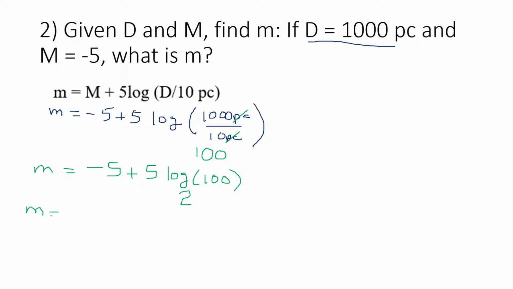So little m is going to be -5 plus 5 times 2, because the log of 100 is 2. Little m is -5 plus 10, which is 5. So the apparent magnitude of this star is 5.